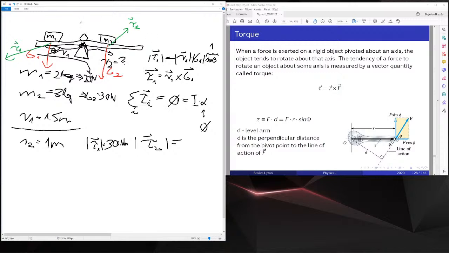Since the sum of these is 0, because this is 30 Newton meter, if you place your phone on your table upwards, and it's 30 Newton meter downwards, the sum will be 0. Therefore, the seesaw is in equilibrium.